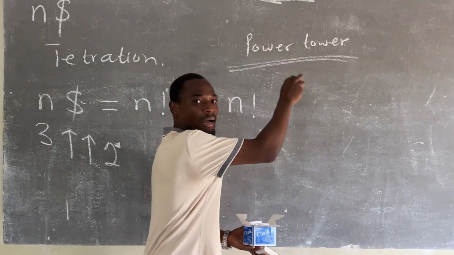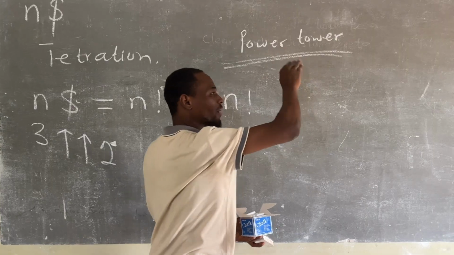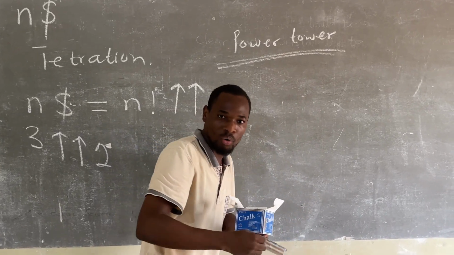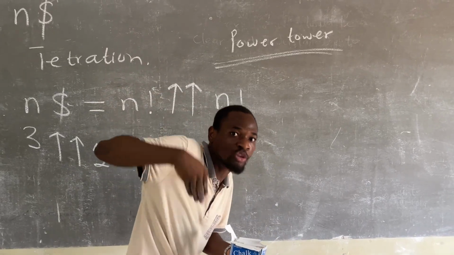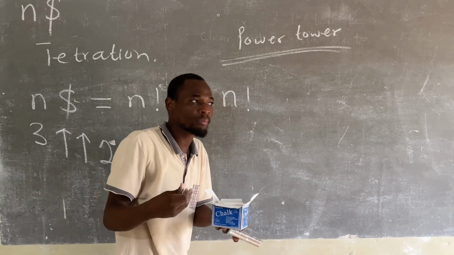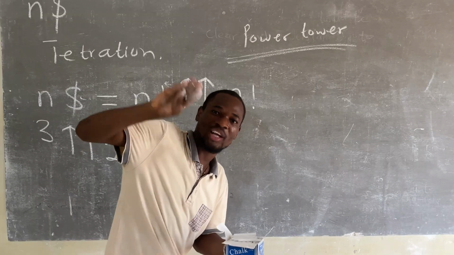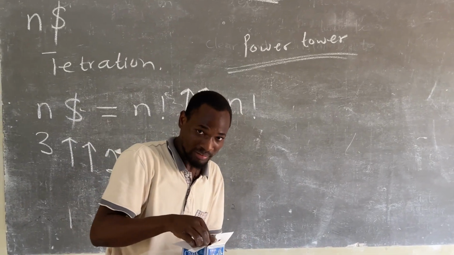As the name suggests, power means exponent, index, degree, and a tower is simply a structure which rises progressively to the top. So that means we are going to develop powers which rise to the top. That's what we mean by the power tower.